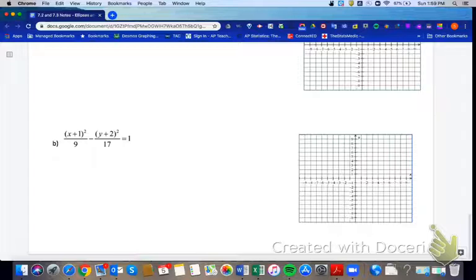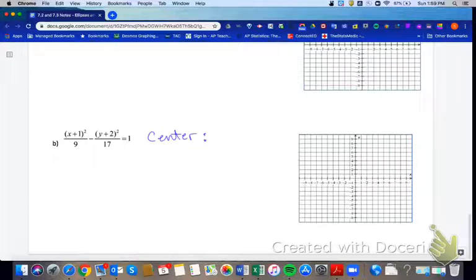Last one. This time we're going to graph the hyperbola (x plus 1) squared over 9 minus (y plus 2) squared over 17 equals 1. Notice the equations of the hyperbola both equal 1, but in between each fraction is a minus sign. All right, so this time, start with the center.